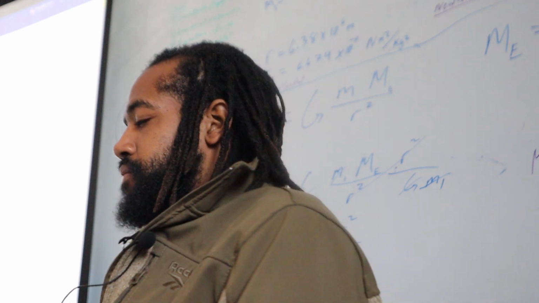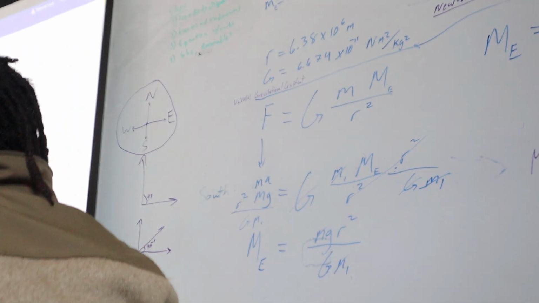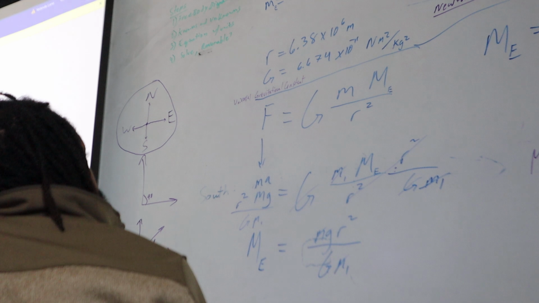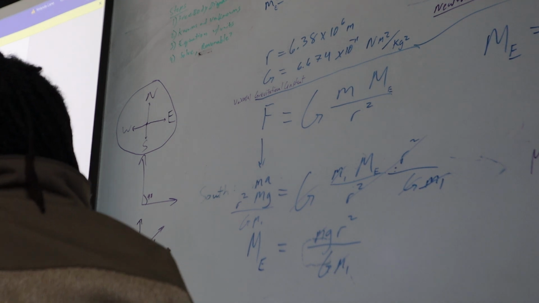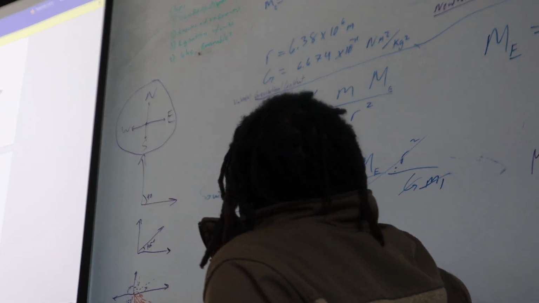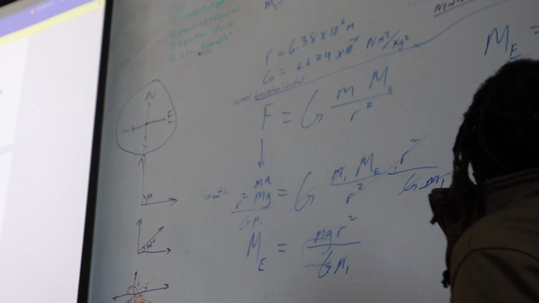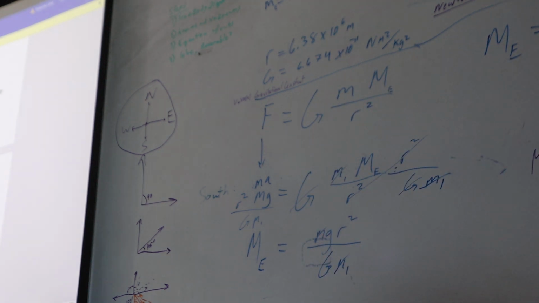Am I not supposed to square it? Oh, this is squared. Golly, I squared the wrong thing.